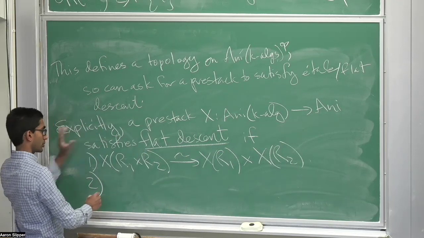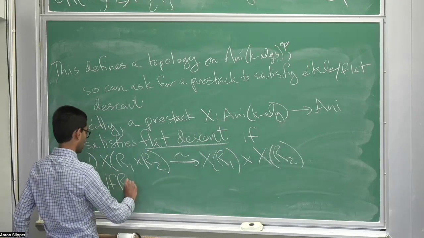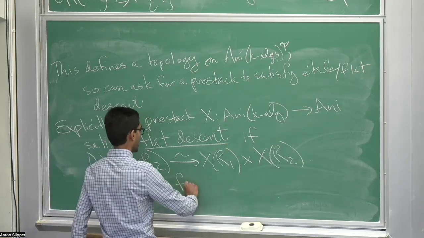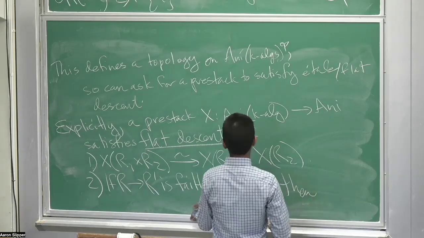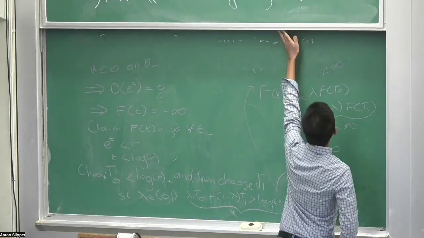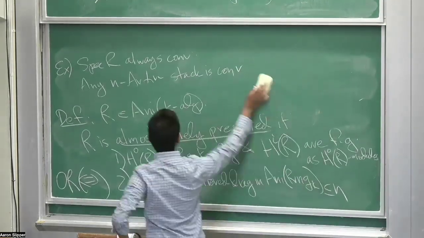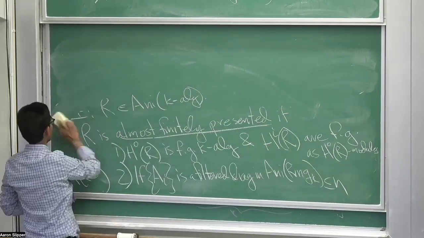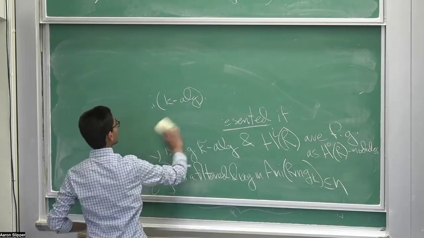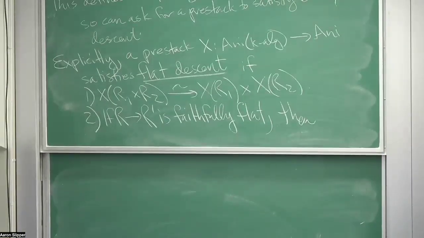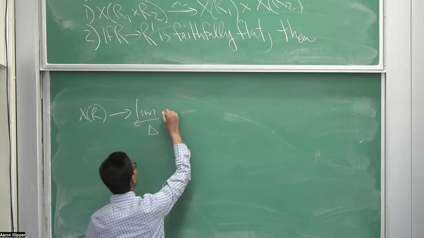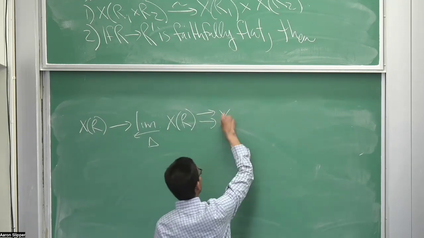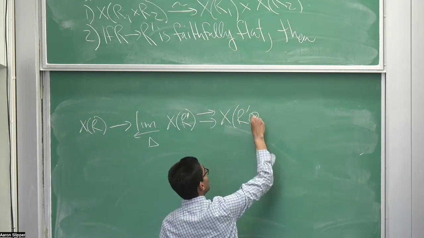And two is that if R to R prime is a faithfully flat map of animated rings, then the value of X on R maps to the inverse limit over the simplex category of the value of X on the Cech nerve terms, R prime tensor R prime and so on.